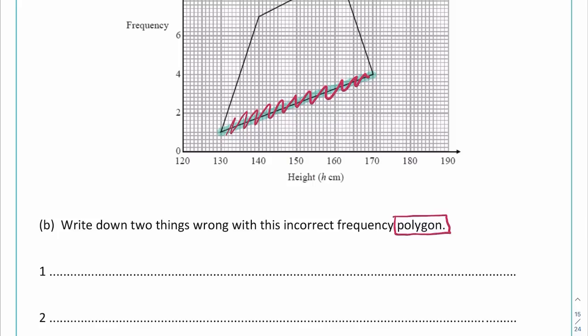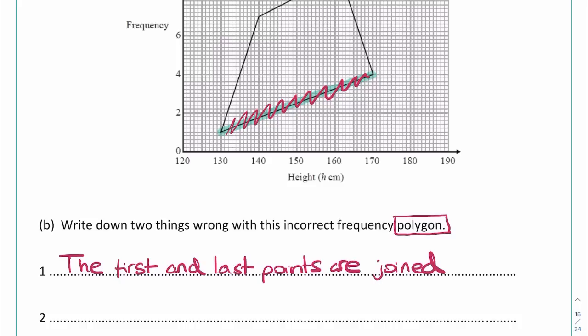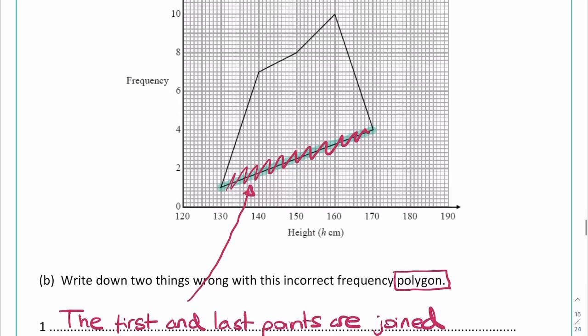Okay, so in terms of write down 2 things that are wrong, the first and last points are joined up. If you're not sure exactly how to describe that, you can always point an arrow from your reason to the diagram to show the bit that you're actually talking about.